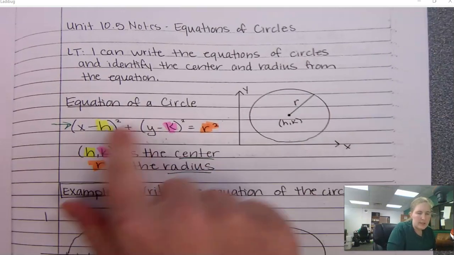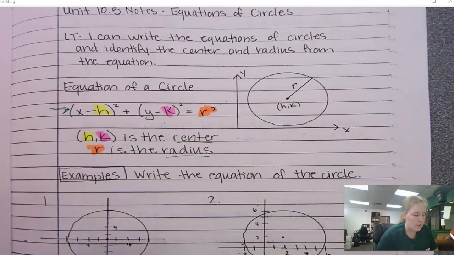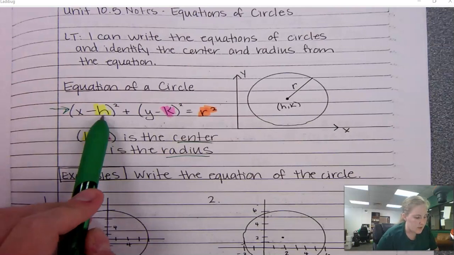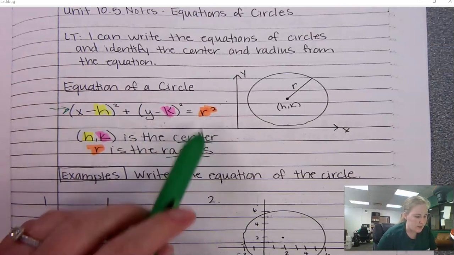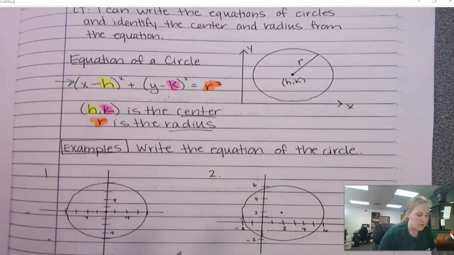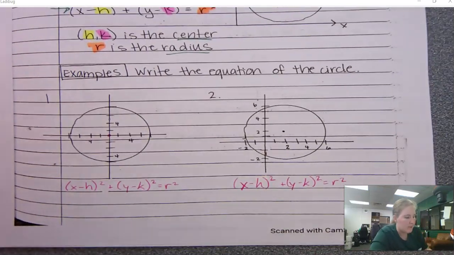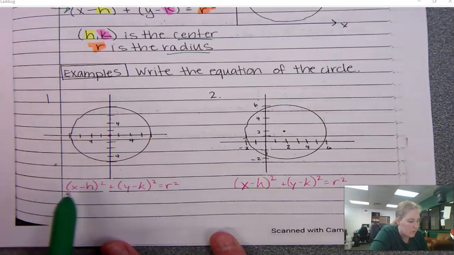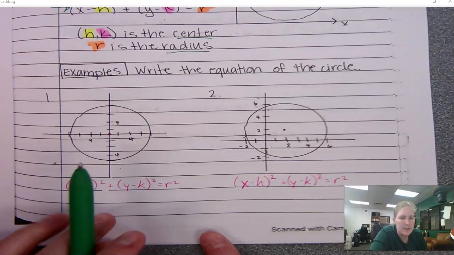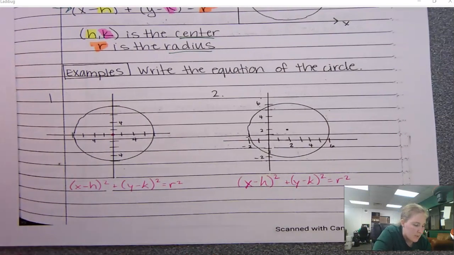So we're going to use this idea where our x value, y value, and radius are in the equation. We're going to plug them in down here. So I went ahead and wrote the equation down, so it's just in the same screen. You may want to pause the video and do that real quick.